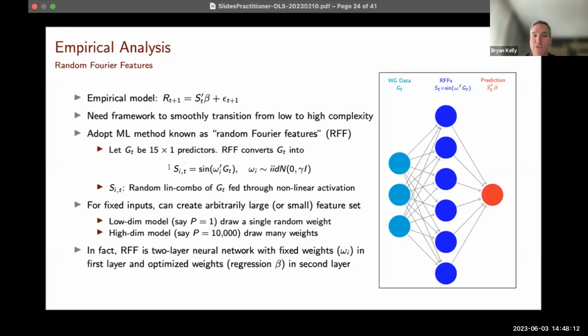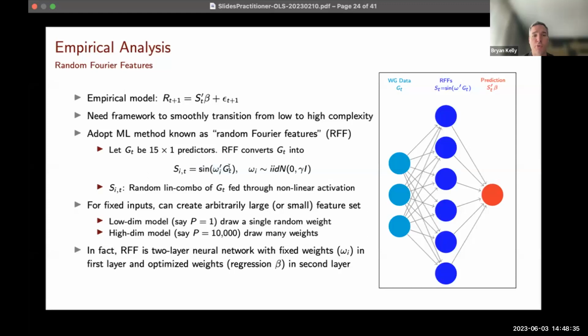I'll build 1,000 such functions. They'll all use the same activation, but they'll all combine the predictors in a different way. If I need 10,000 predictors, I'll do this 10,000 times. So you can see how with a structure like this, I can hold the set of input information fixed, but vary the size of the model in which I use that input function.